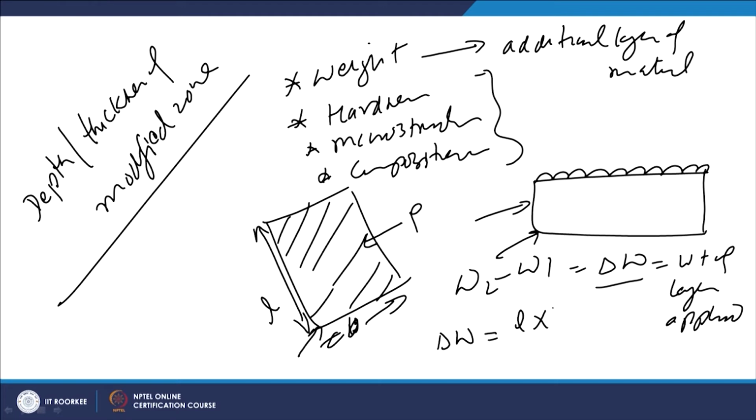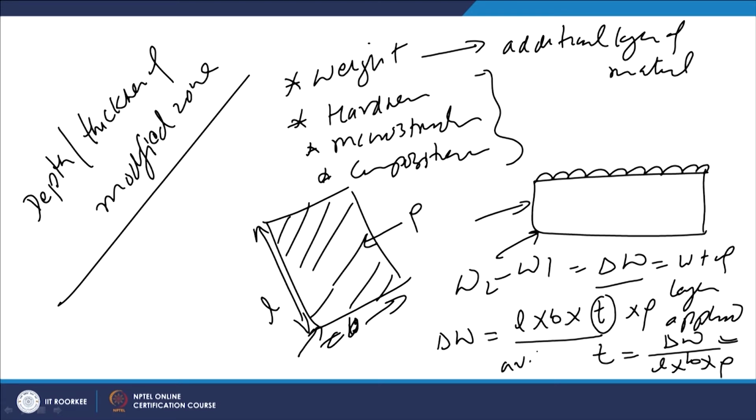Then rho into L into B into T, where T is the average thickness, which we do not know. This is the value to be obtained, and the product of these three gives us the volume, multiplied by rho, which gives us the weight. So T can be obtained from delta W divided by L into B into rho. This will give us the average thickness of the layer applied onto the surface of the substrate.